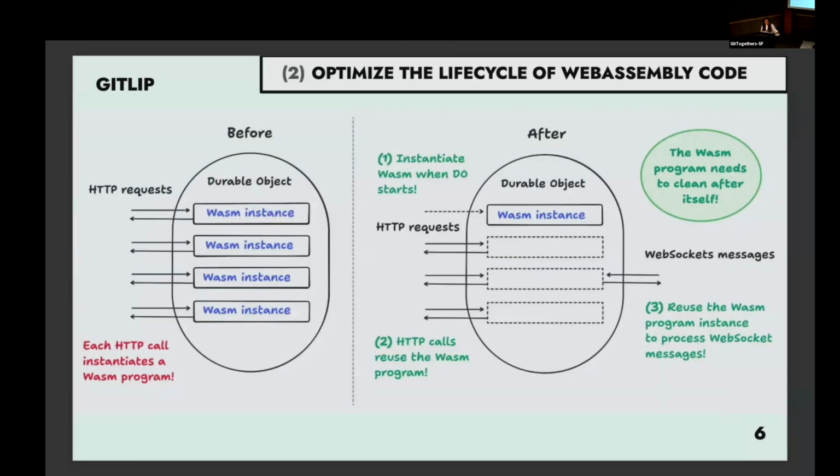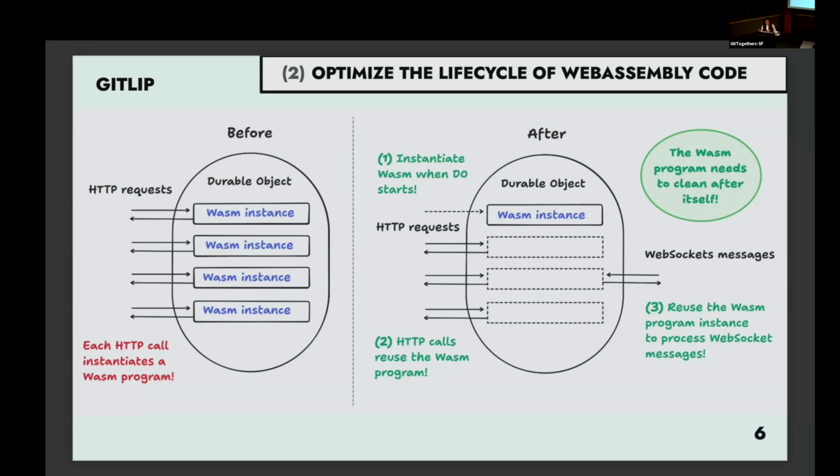Two, we tuned the lifecycle of our WebAssembly code, meaning how we instantiate and run WebAssembly. Initially, shown on the left side, we went with the simplest approach of instantiating the Wasm code on each incoming request. This works fairly well, but it's wasteful.